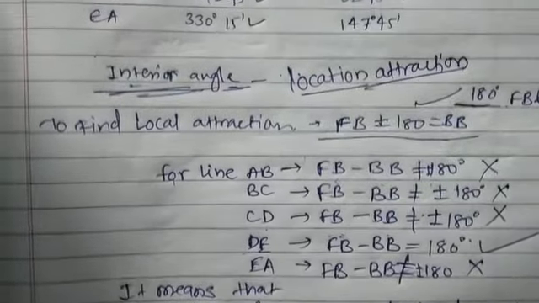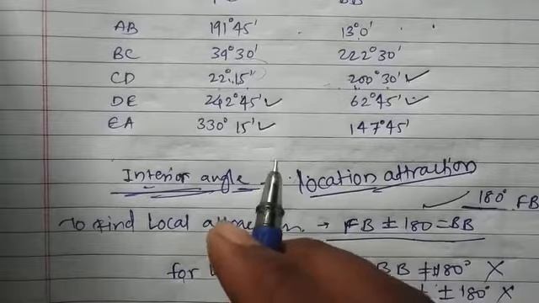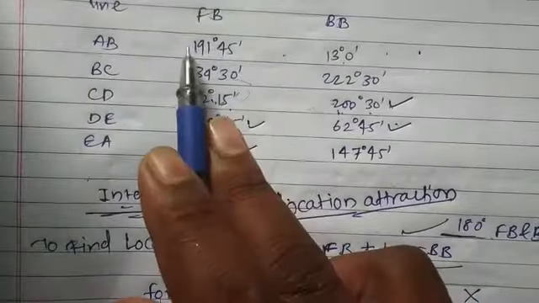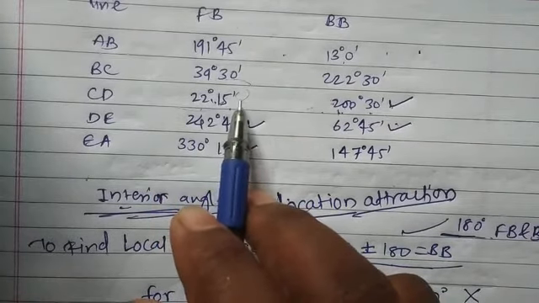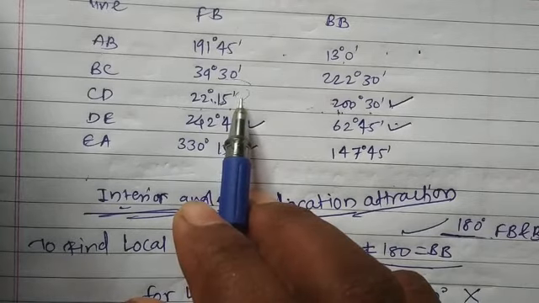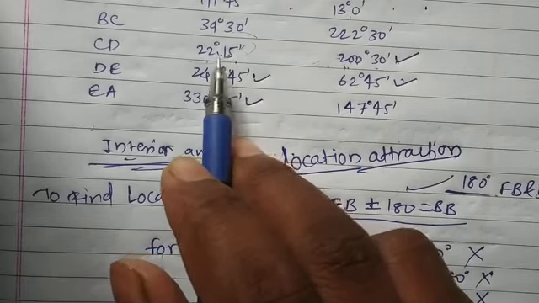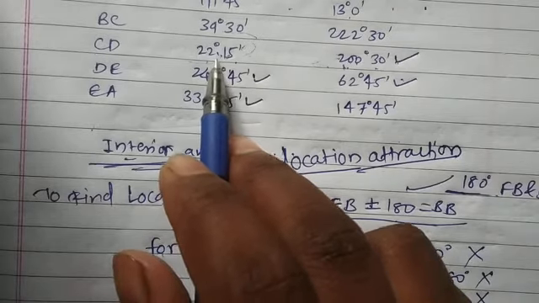Now we have got it, for CD we are calculating. Okay. So yes, the forebearing of CD which is given in the problem statement was 22 degree 15 minutes.